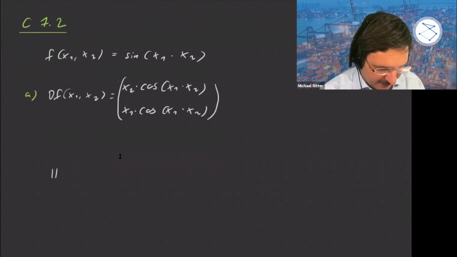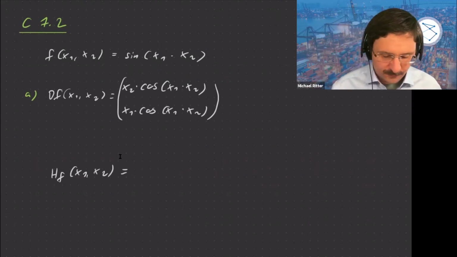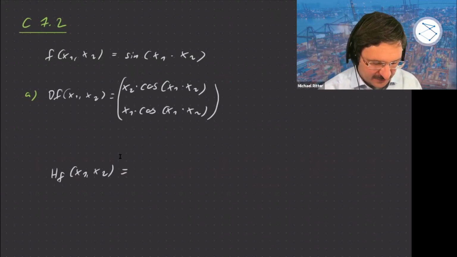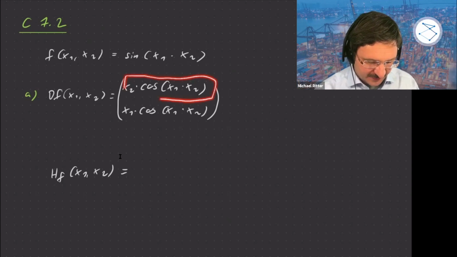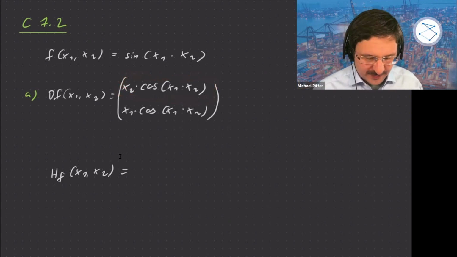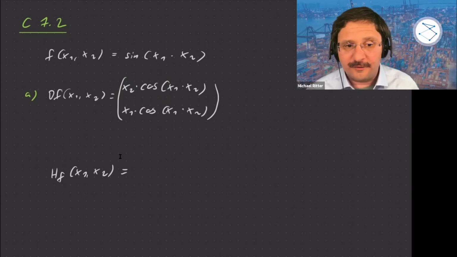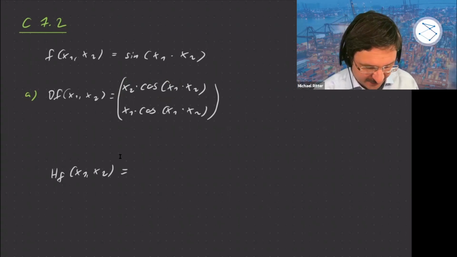And for the Hessian, we just take the gradient and differentiate again. Let's first take that first row here, differentiate that with respect to x1. x1 appears here. So what we get is the derivative of the cosine, that would be the negative sine.